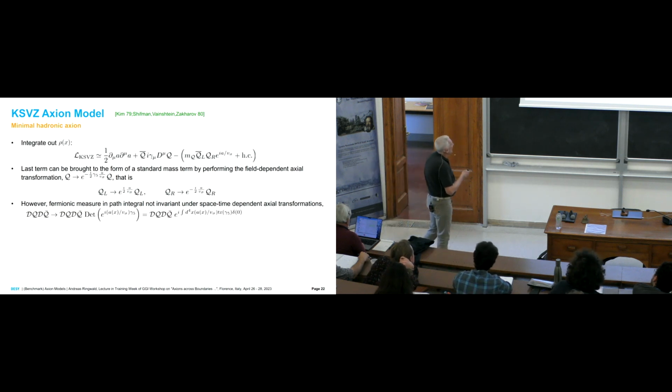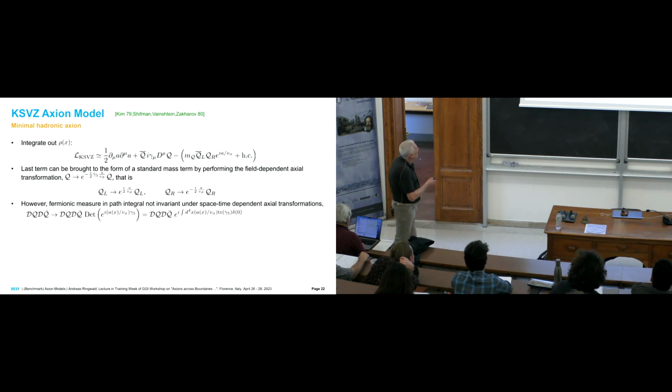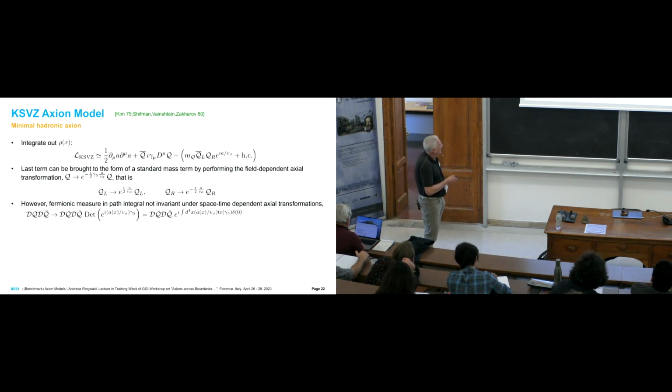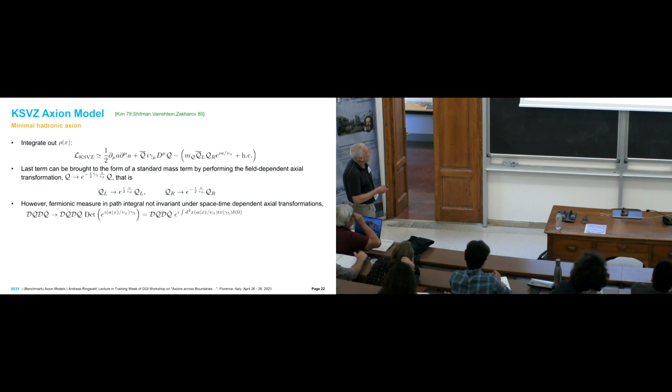Now you can also write it. Normally you can write a determinant as e to the trace, and so you can write this determinant as e to the integral d4x a of x trace of gamma 5 times a delta function.